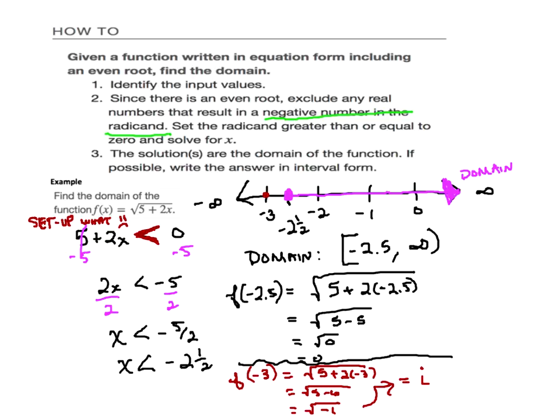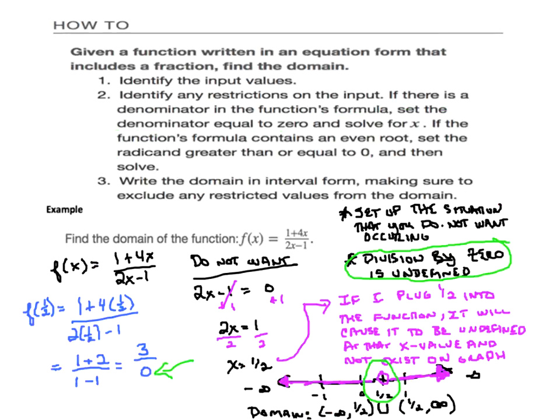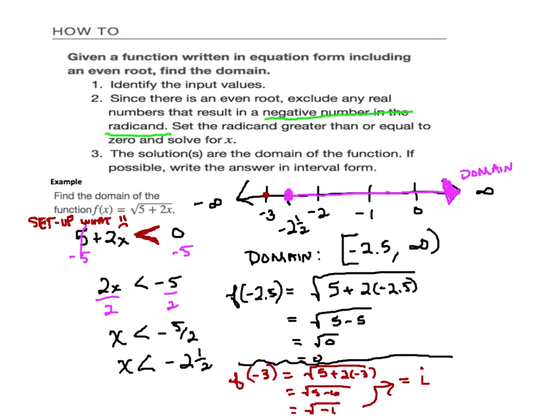So now we've seen an example of each. We've seen what happens when you could potentially have 0 in the denominator, and we've seen what happens when you could potentially have a negative value that you're taking an even root of.